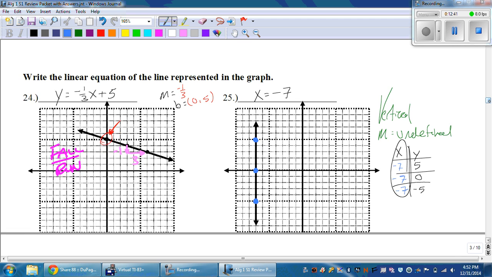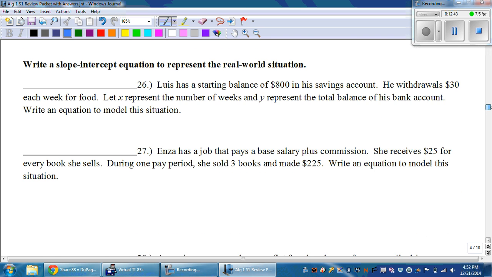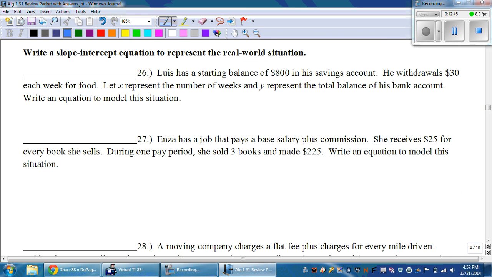All right, let's go ahead and move on to the next one. Now it's asking us to write a slope-intercept equation to represent the real-world situation. Okay, so we know that Luis has a starting balance of $800 in his savings account. That sounds important. Let's highlight that.